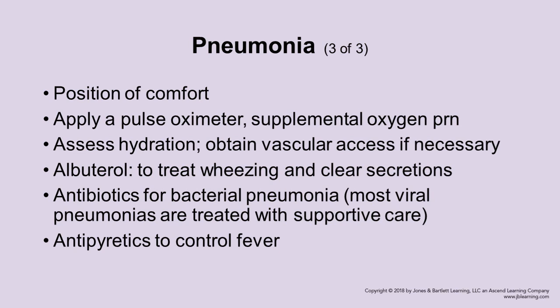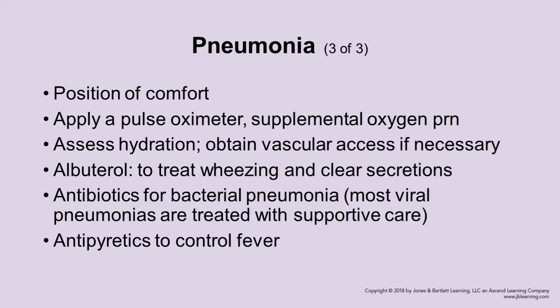So for patients who present with pneumonia, it's important to make them comfortable, monitor their oxygen levels, and provide supplemental oxygen as needed. As is typical with these respiratory infections, you want to assess their hydration status and obtain IV access if necessary. Some patients with pneumonia may have some bronchospastic process and will respond to albuterol.